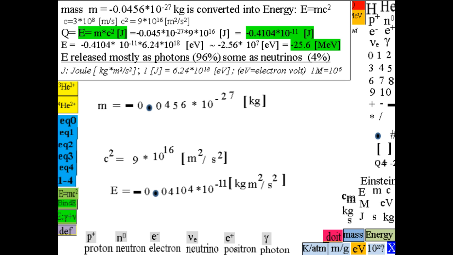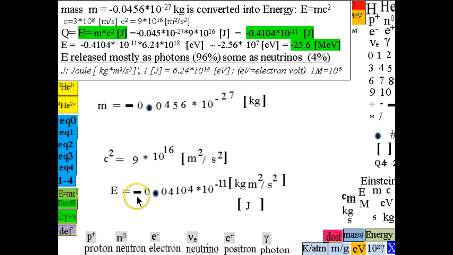And as it is very inconvenient always to say kilogram meter squared divided by second squared, we just define a new unit that is called the joule and abbreviated with a J. But that stands for kilogram meter squared divided by second squared.